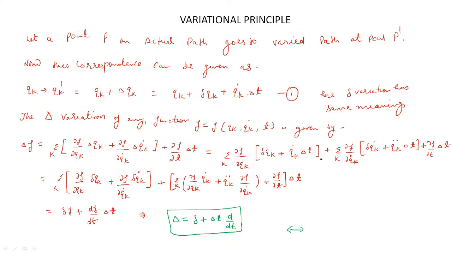It means that the above equation can be written as delta f plus df over dt into delta t. So you can write the delta variation as delta is equal to delta plus delta t into d over dt. This is a very important relation and will be used in action problems. Thank you.